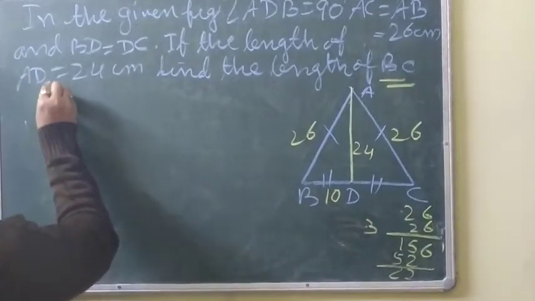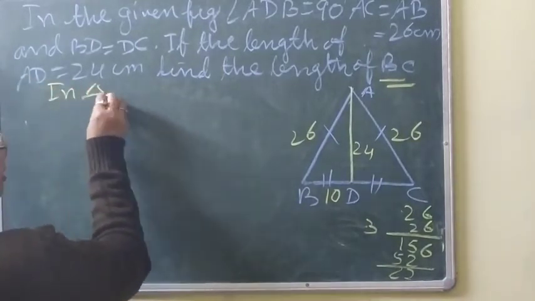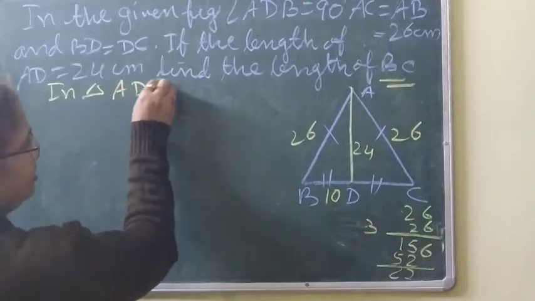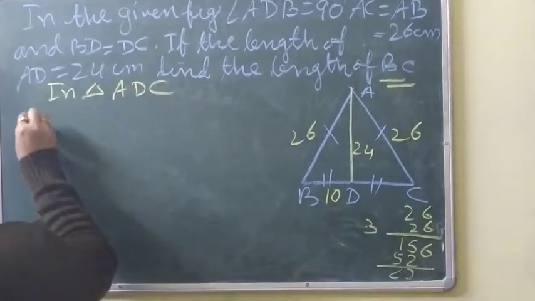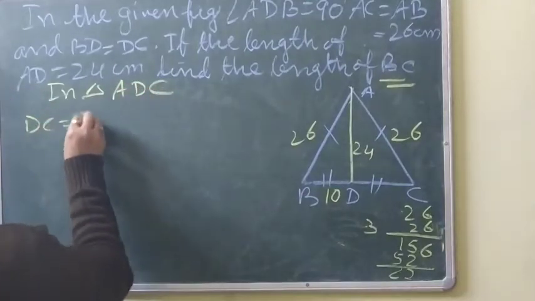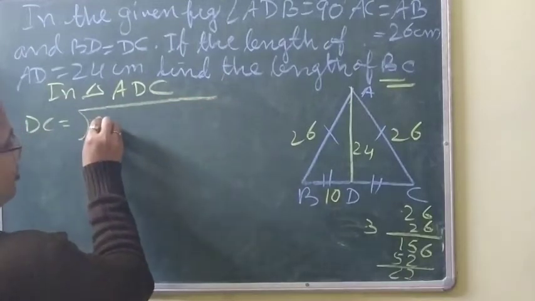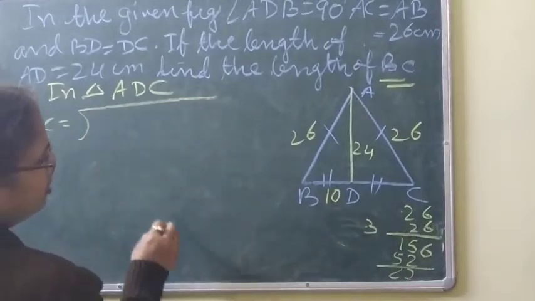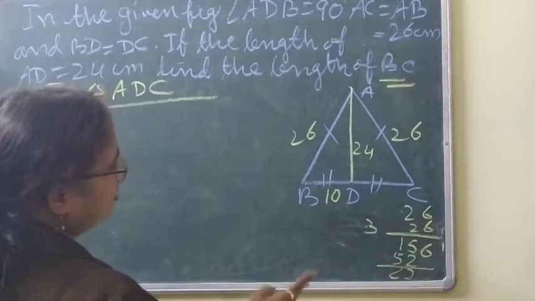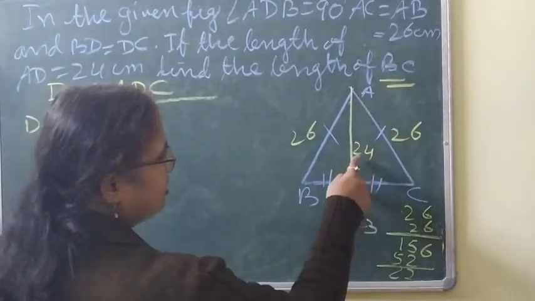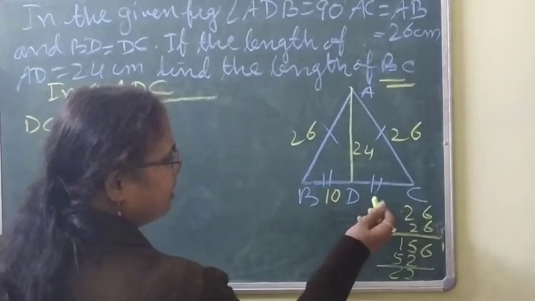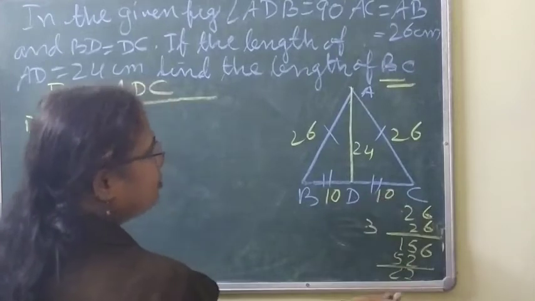So, in triangle ADC, DC will be equal to square root of again 26 squared minus 24 squared. So again you will get 10. Of course you will get 10.